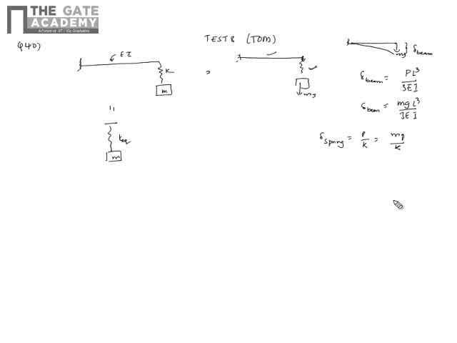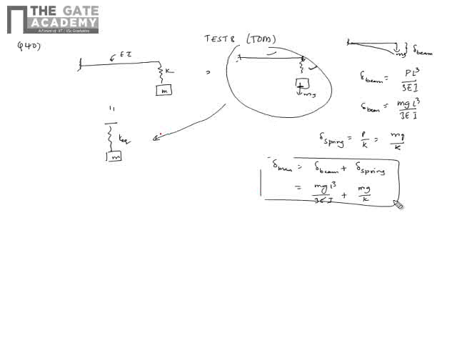So the total deflection at the mass end will be the deflection of the beam tip plus the deflection of the spring. That is nothing but mg L³ by 3EI plus mg by k, which is the total deflection of the mass.